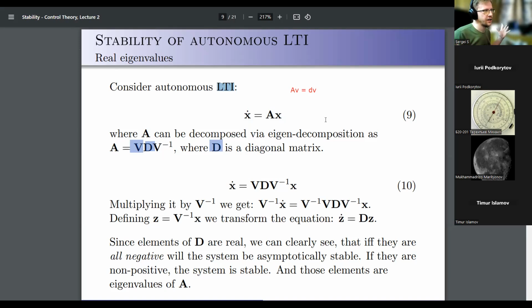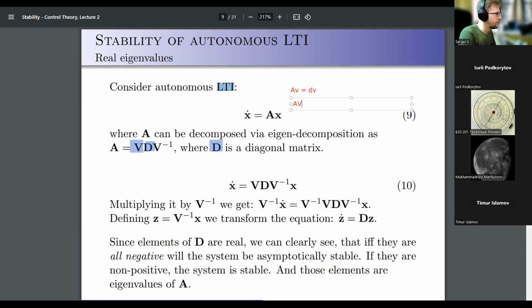You have n equations, and you rewrite them in such a way that you stack them horizontally. So this would be, let's say, the first equation. AV is a vector, it's the first column of the matrix equation. dV on the right is also a vector.